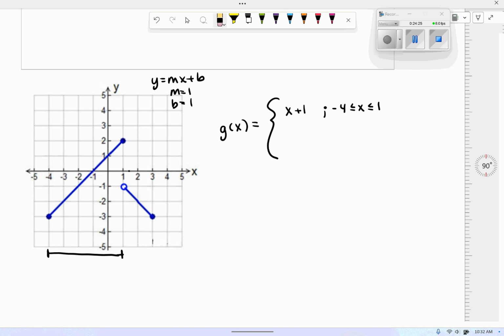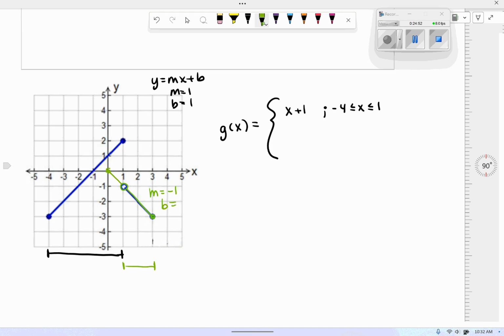And then for the other line, we have an open circle here at 1, and it's going to 3. And so for this, we have to find the y-intercept and the slope. So the slope of the line in this case is -1, because it's going down 1, right 1, down 1, right 1. And if you go up 1, left 1, then you would see that if this line continued, it would hit a y-intercept of 0.